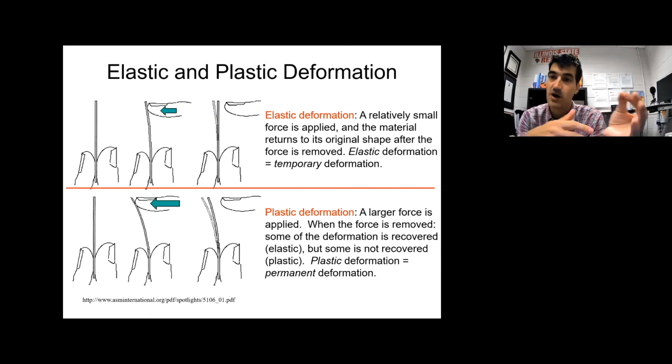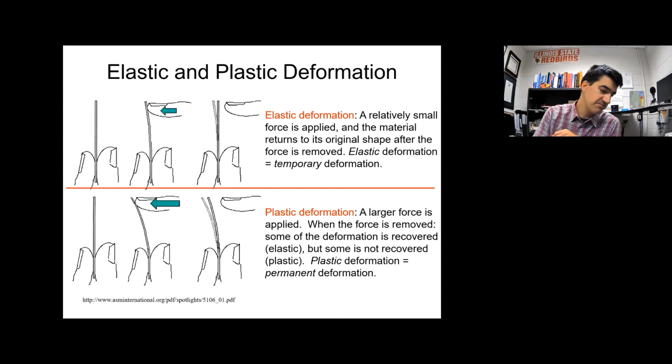So you always get elastic deformation first, but if you keep going, there is a certain point, and we'll talk more about what that point is, beyond which you're going to start to get plastic deformation. And when you have plastic deformation, that is permanent. You are not going to recover that plastic deformation. It's not going to go back to the shape that it started. What is kind of interesting, that may not be obvious, is when it was hard to see here.